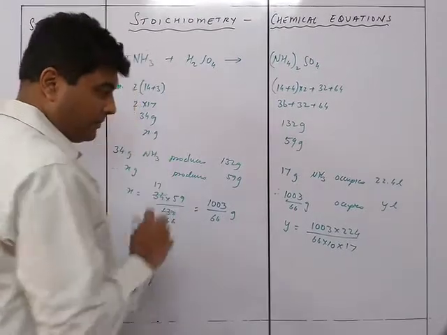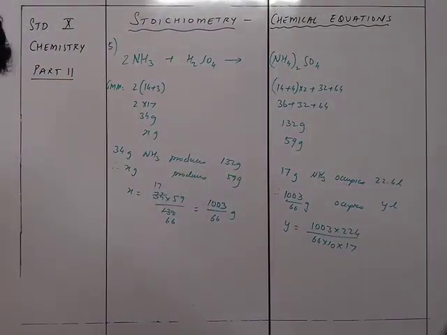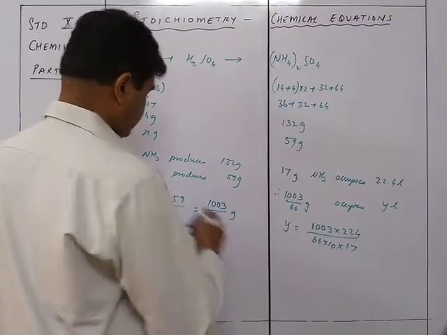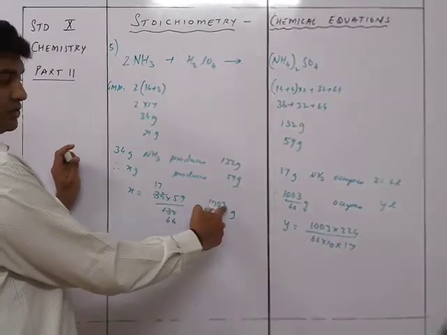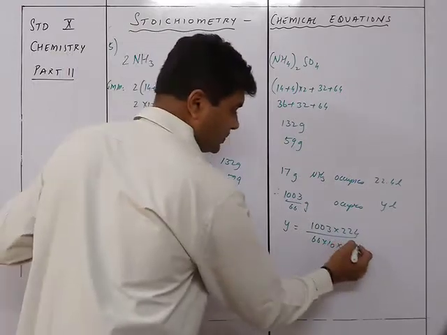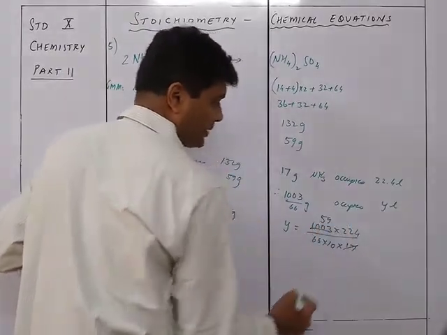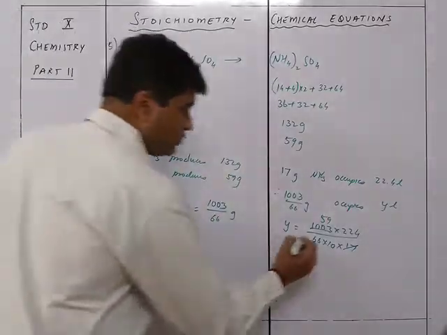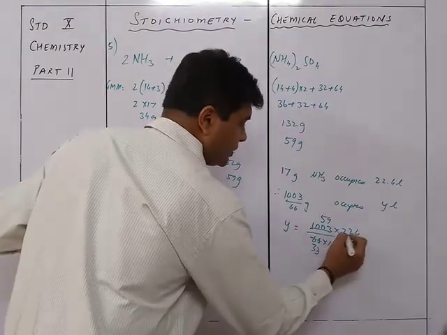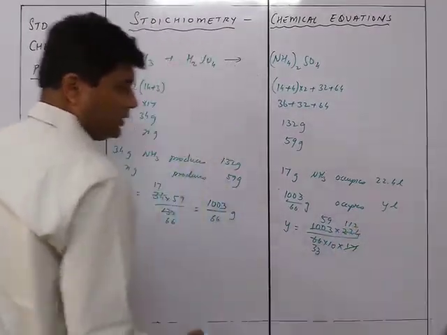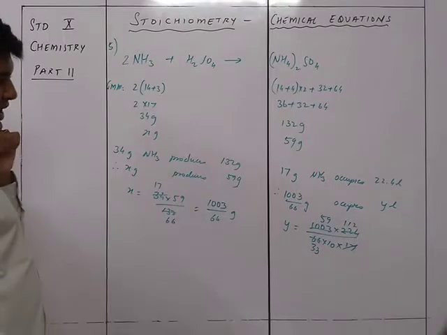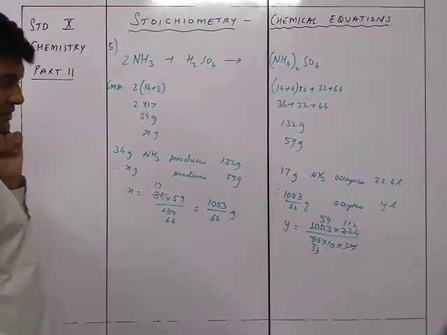Now we need to do the calculations. This gets cancelled because 1003 is exactly 17 into 59, so 59 will cancel exactly. What remains is 22.4 over 66, and you can't do anything more than this.